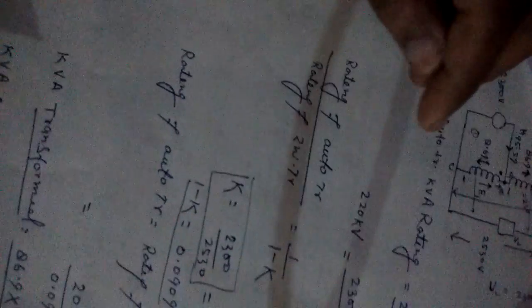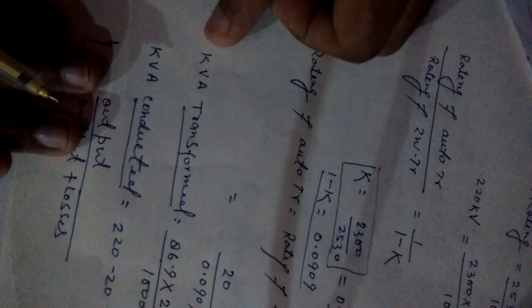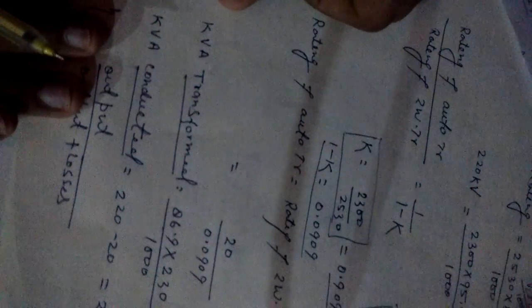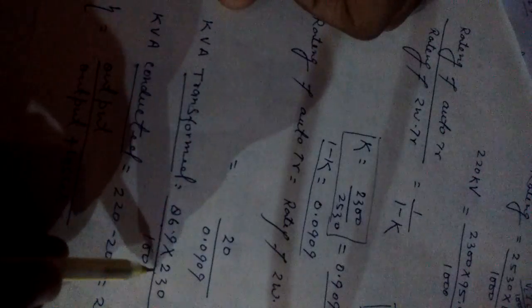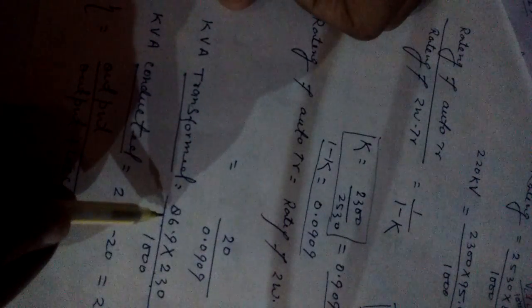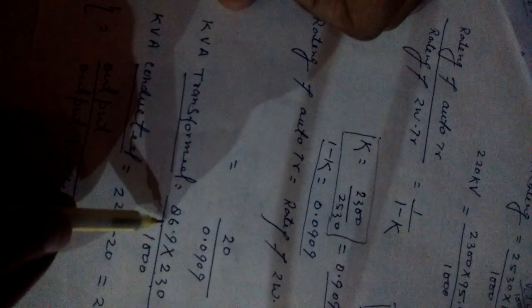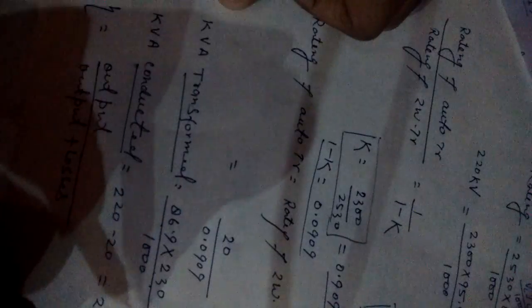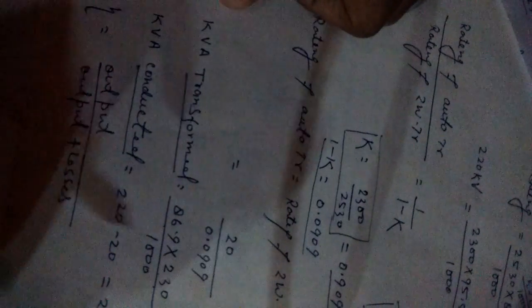So kVA transformed will be 230 volt multiplied by 86.9 divided by 1000, which is equal to 20 kVA.